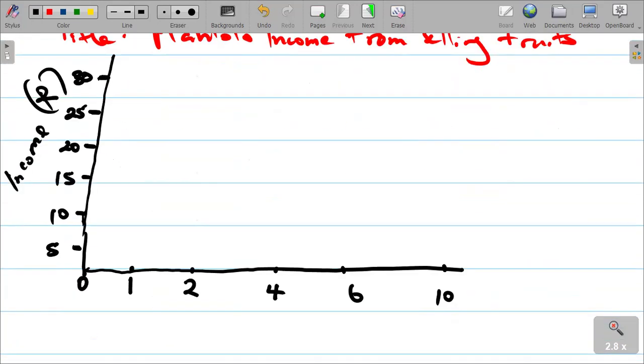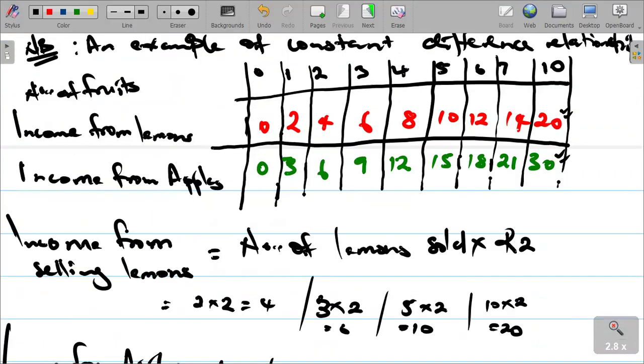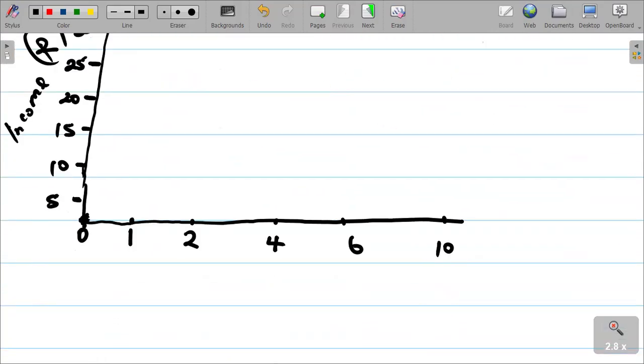So I'm going to start marking from 0. We have 0 income for lemons when none were sold. When 1 was sold, it was 2 rand, which can be here. When 2 are sold, it's 4 rand, which I can mark there.